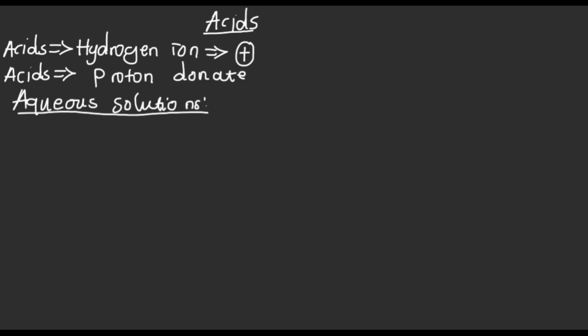So an acid is a substance that ionizes in water to produce a positive hydrogen ion. If ionizing is dissolving in water, then what is really meant by ionizing? To ionize simply means to become an ion.